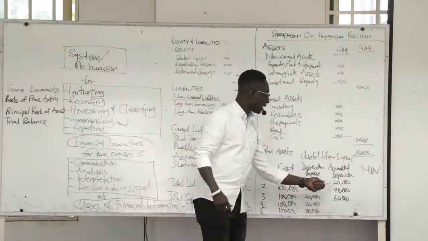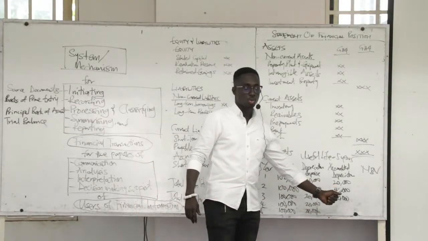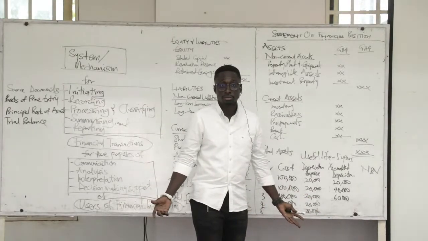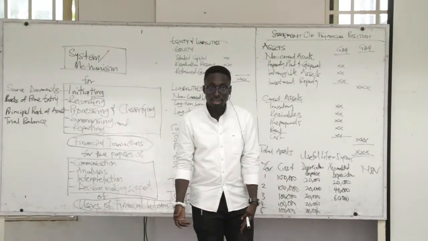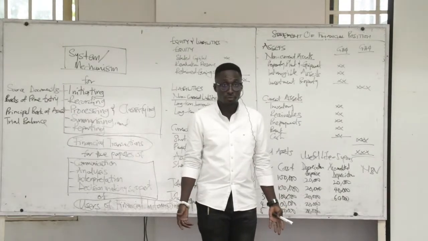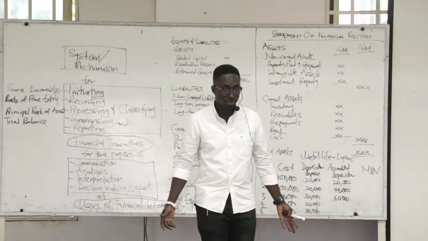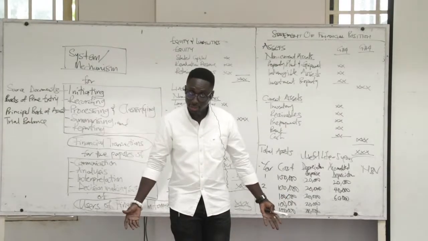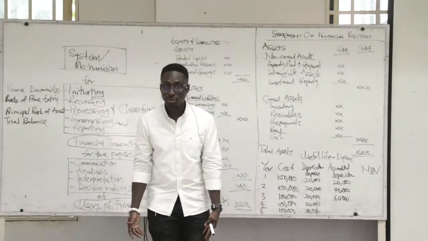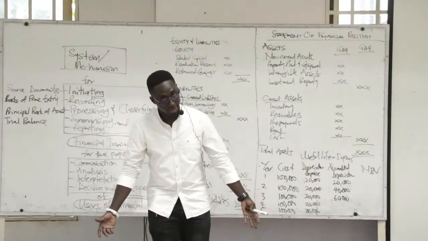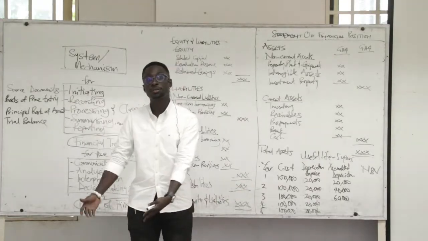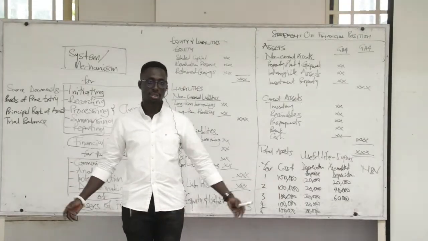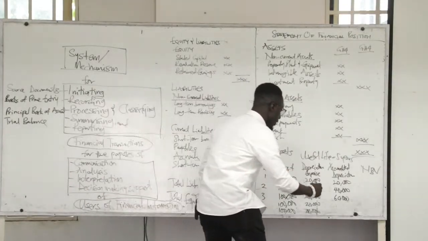So, at the end of the first year, we would have cumulatively enjoyed 20,000. But at the end of the second year, cumulatively, we would have enjoyed 40,000. At the end of the third year, cumulatively, we would have enjoyed what? 60,000. At the end of the fourth year, cumulatively, we would have enjoyed what? 80,000. And at the end of the fifth year, cumulatively, we would have enjoyed what? 100,000. That's it. All right. Great.